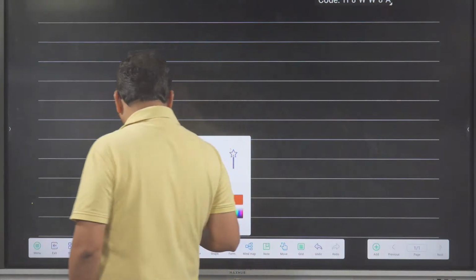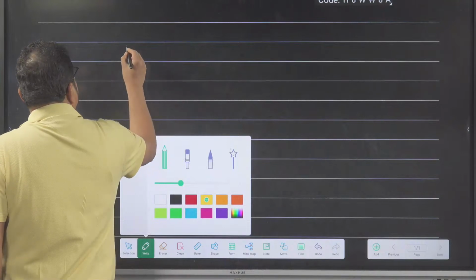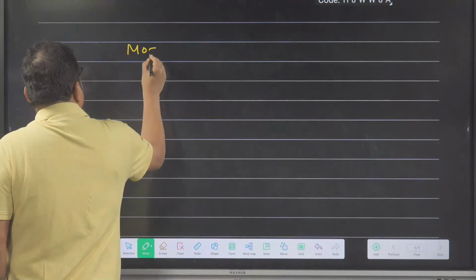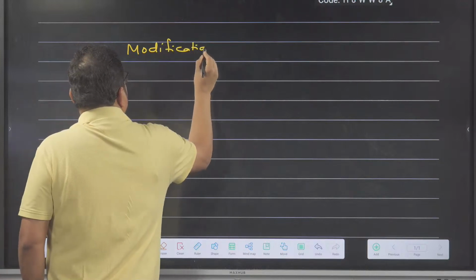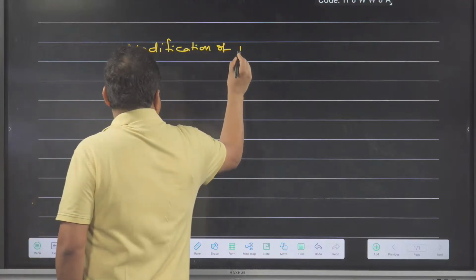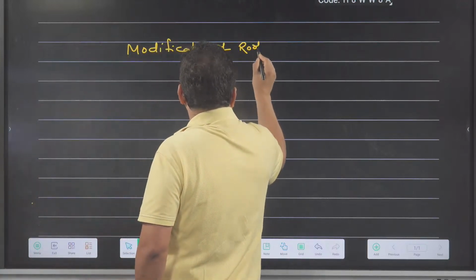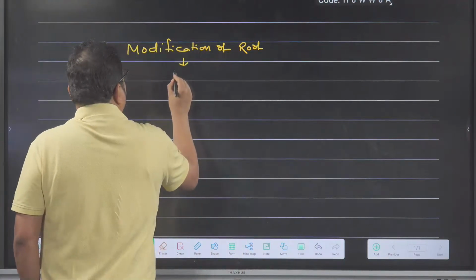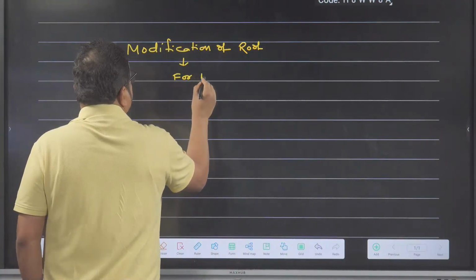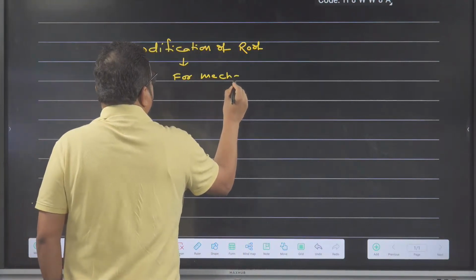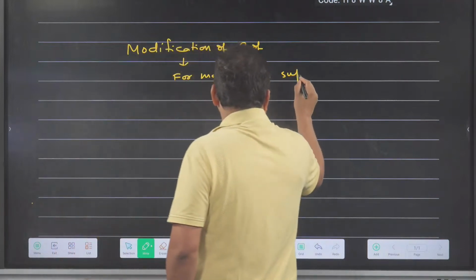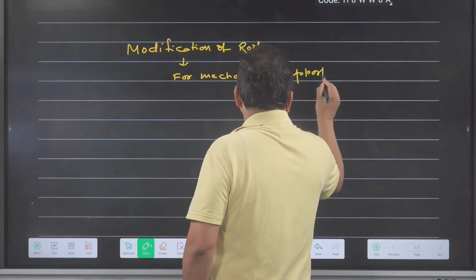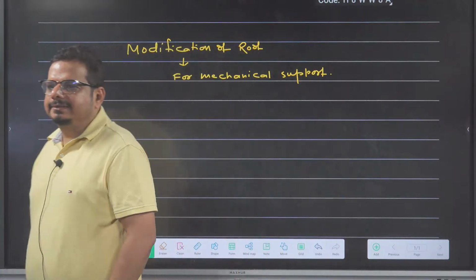Now we are going to start with modification of root for mechanical support. For mechanical support, right?